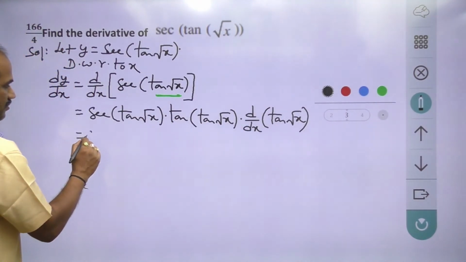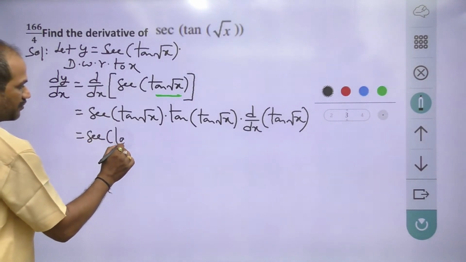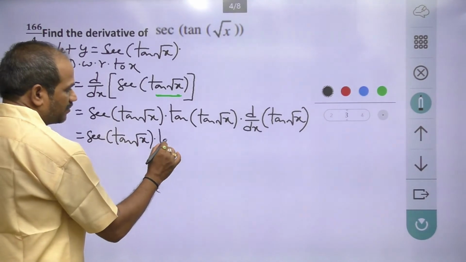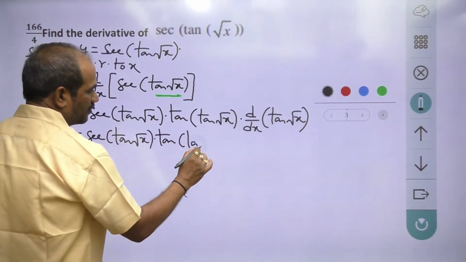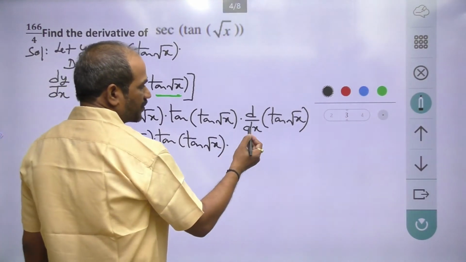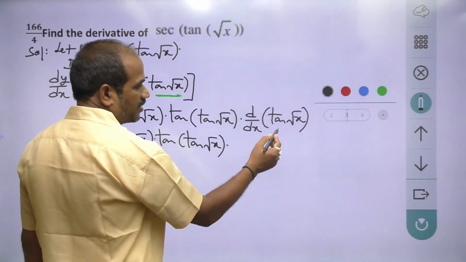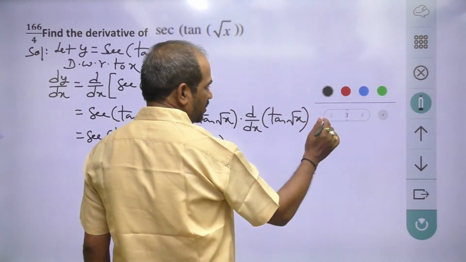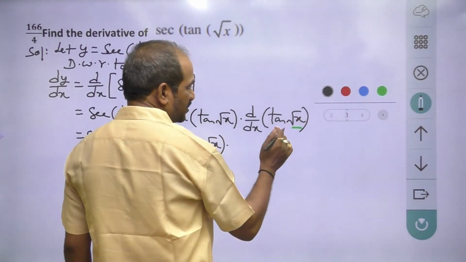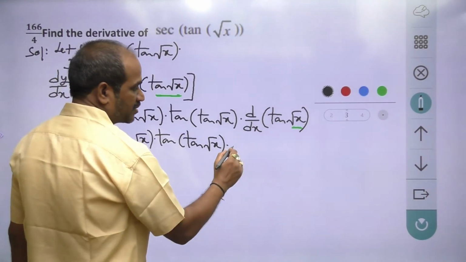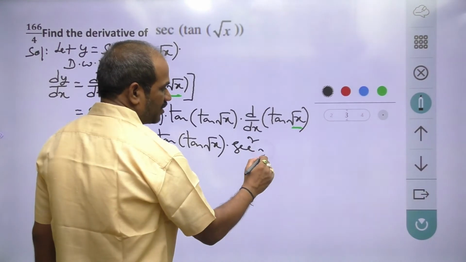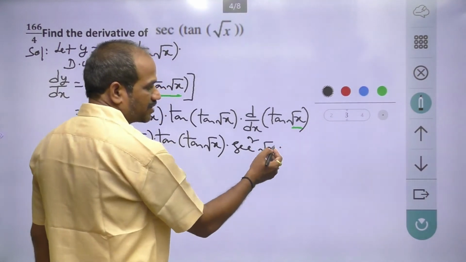So that is equal to secant of tan of root x into tan of tan of root x, into d by dx of tan x, which is secant square x, with x being root x.